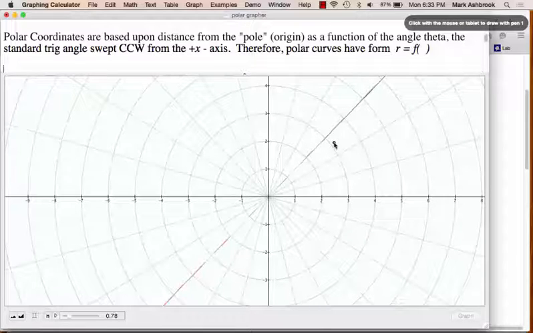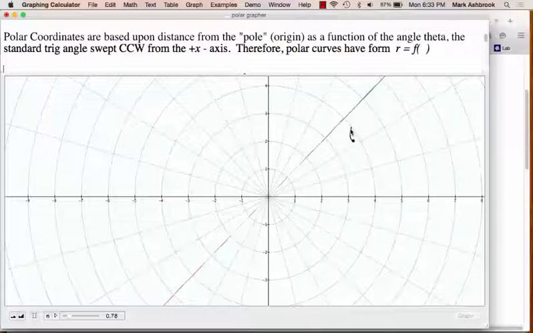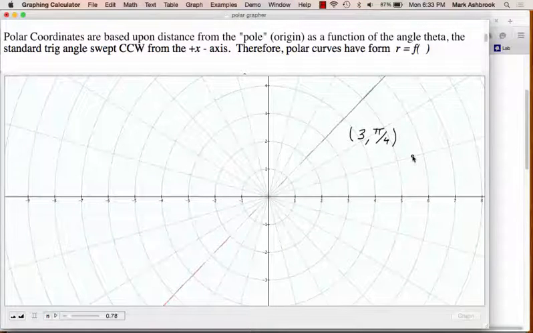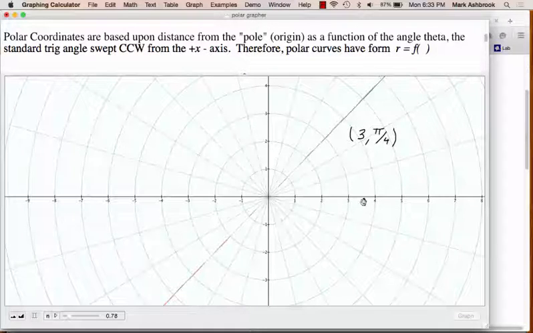Okay, so what is the point 3 comma pi over 4? Again, it's not 3 to the right and pi over 4 up. It's a totally different way of locating points in the plane now. It's a distance of 3 away from the pole, the origin, at an angle of pi over 4.